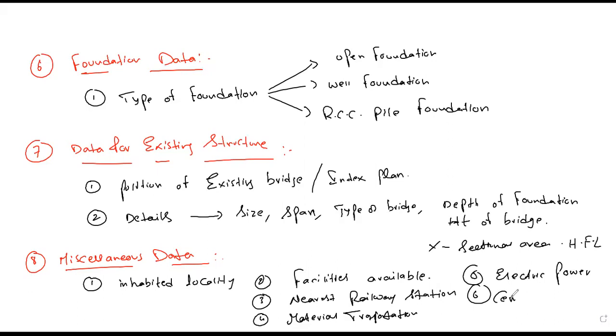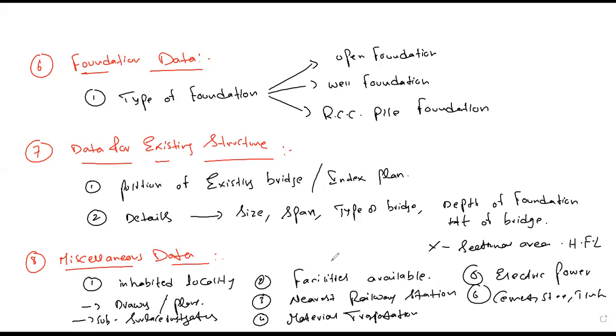Availability of materials like cement, steel, timber, all this. And the next one, preparation of drawings and plans. So what are the details of the subsurface investigations? Understand? These are all miscellaneous data you also require to design the bridges, guys.